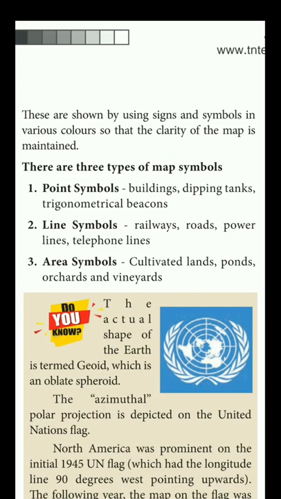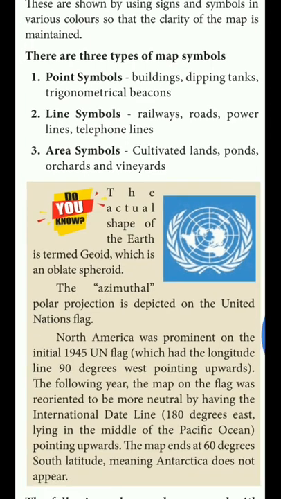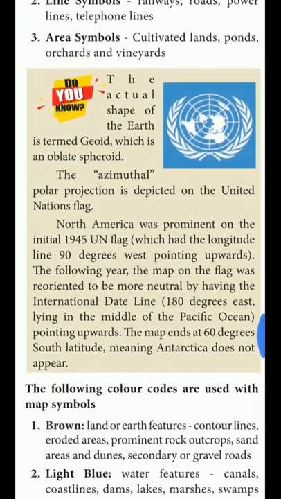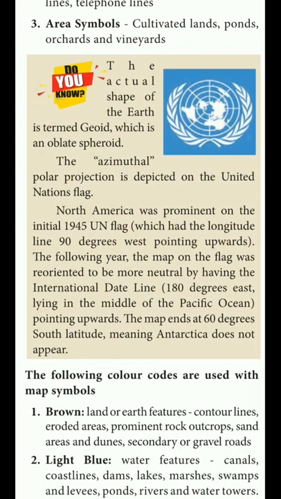Okay. And listen, see these. The actual shape of the earth is termed geoid, which is an oblated spheroid. The azimuthal polar projection is depicted on the United Nations flag. North America was prominent on the initial 1945 UN flag, which had the longitudinal line 90 degree west pointing upwards.